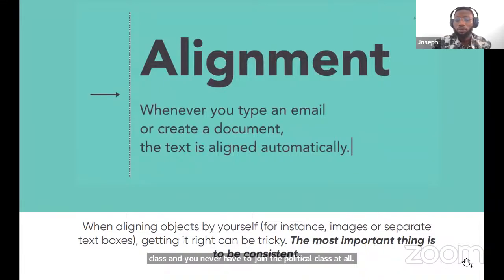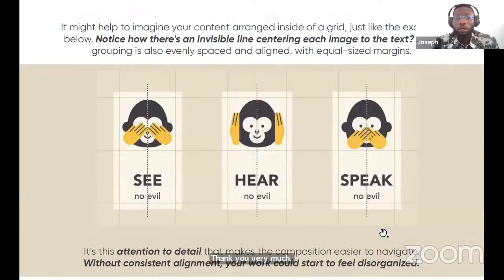All right. Now you can see this is a very good example. It might help to imagine your content arranged inside a grid. Now, these grids can be invisible to you if you become a seasoned designer.